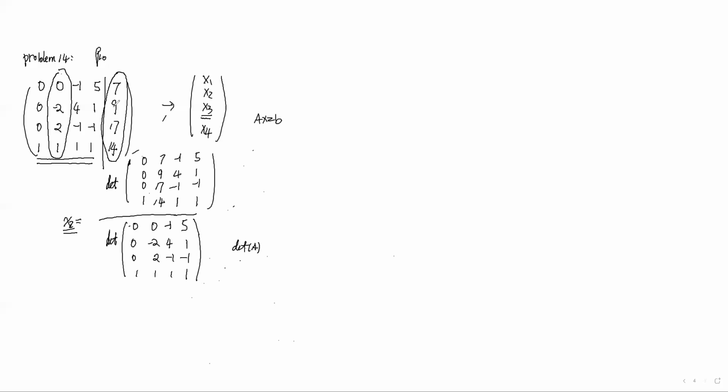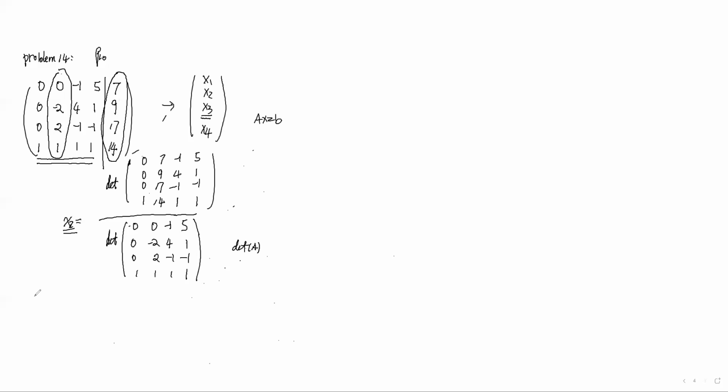Okay, so this is about Cramer's rule. Maybe the problem in the test is 3 by 3. I cannot imagine asking you to write x1, x2, x3 for 3 by 3. Too much work. I don't think the instructor will ask you in that form.